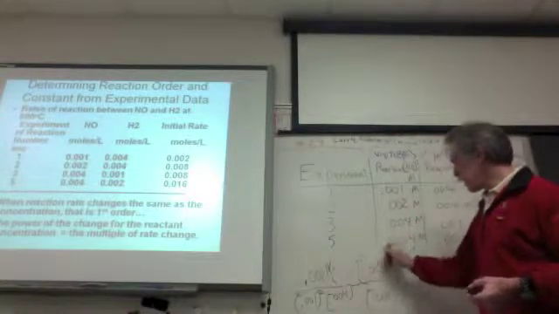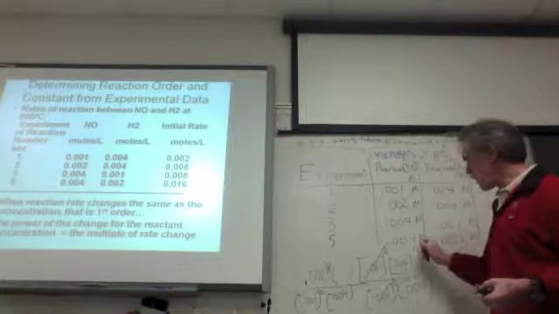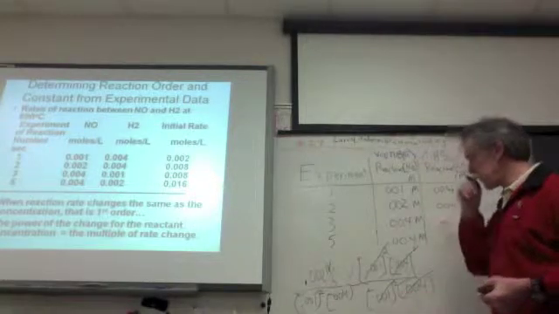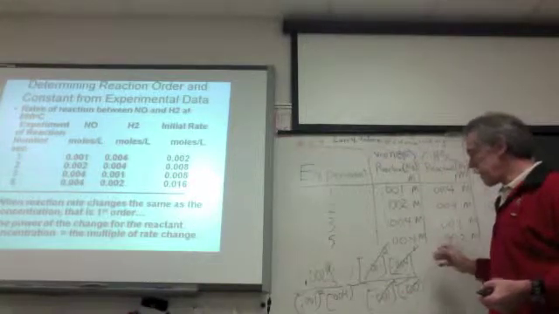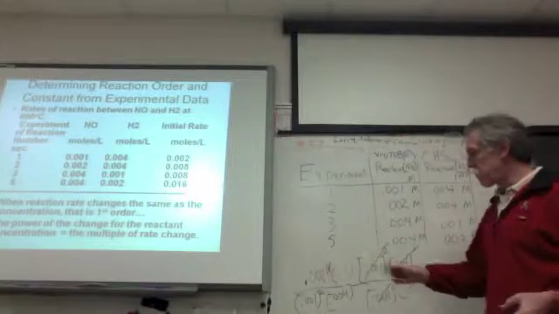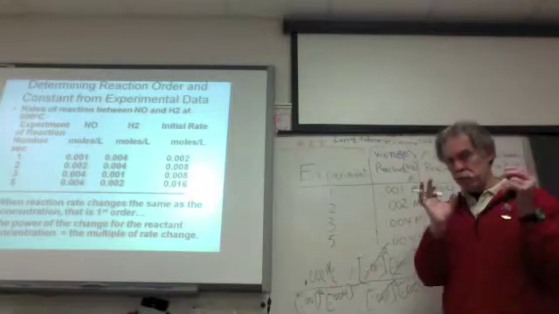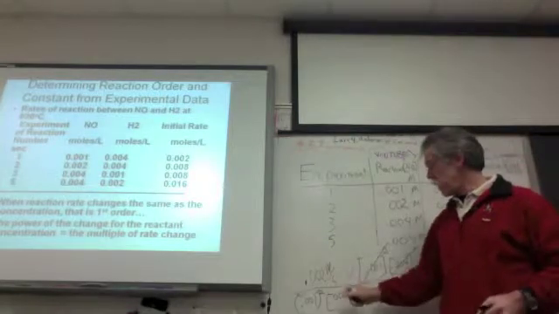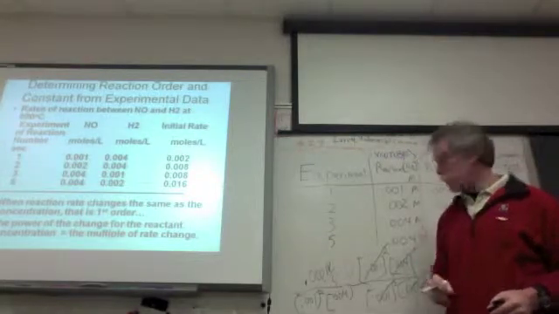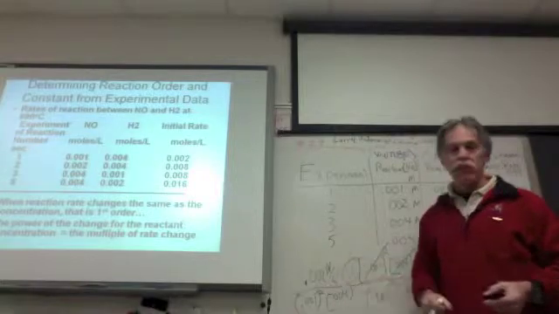And of course, identity, anything over itself is going to equal 1. And now we have a problem where we've got 0.002 divided by 0.001. Don't forget to square it. And also divided by 0.004. That equals the value of K.